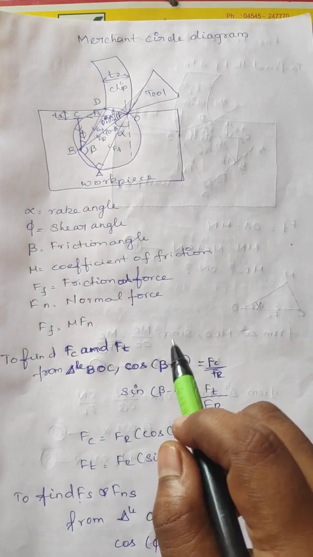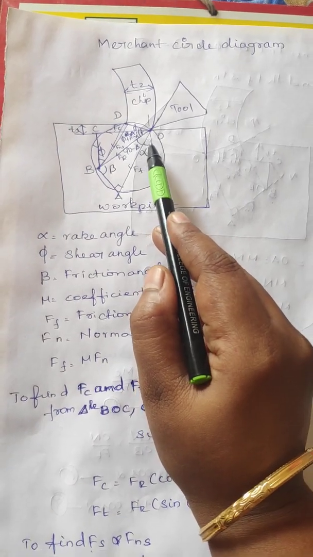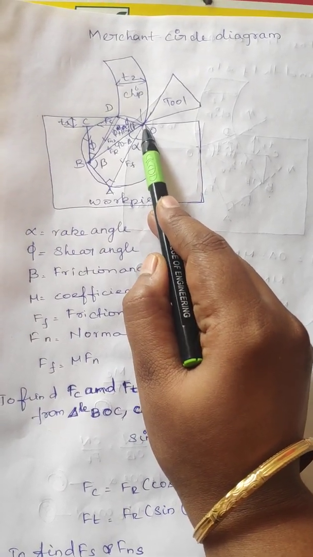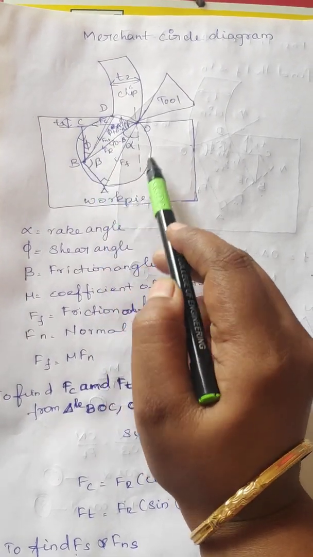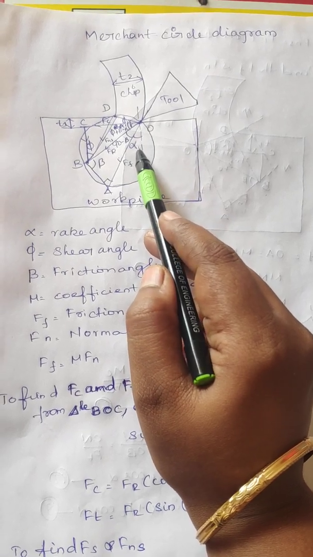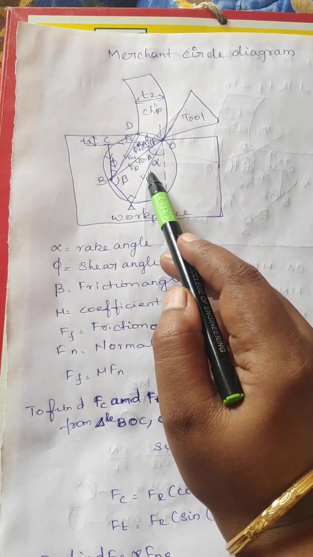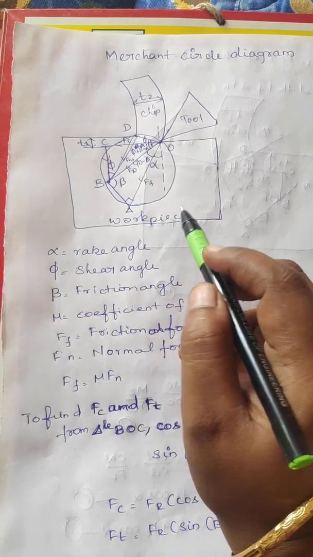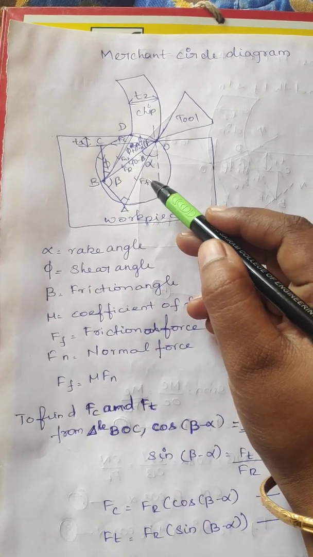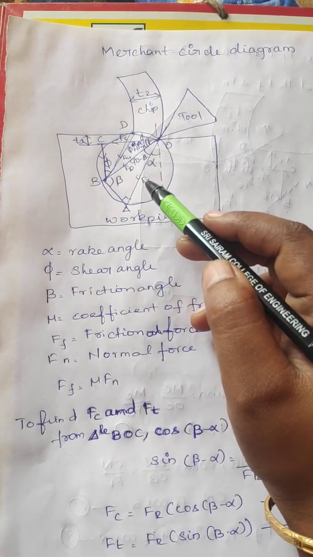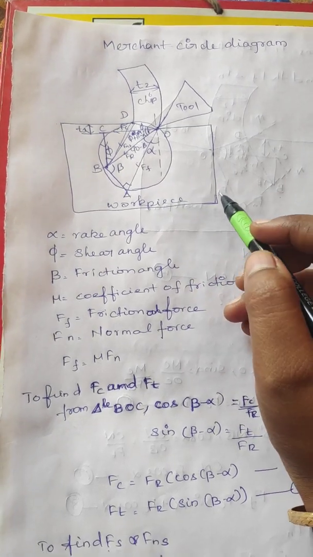And he also stated the diagram. So this is the shear plane. From here he constructed a circle diagram consisting of the rake angle, shear angle, frictional angle, and all the forces acting on it: frictional force, normal force, and so on.